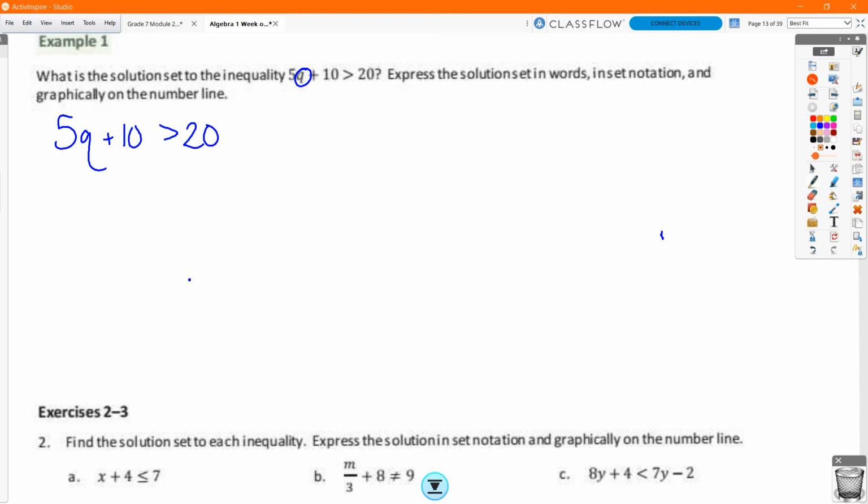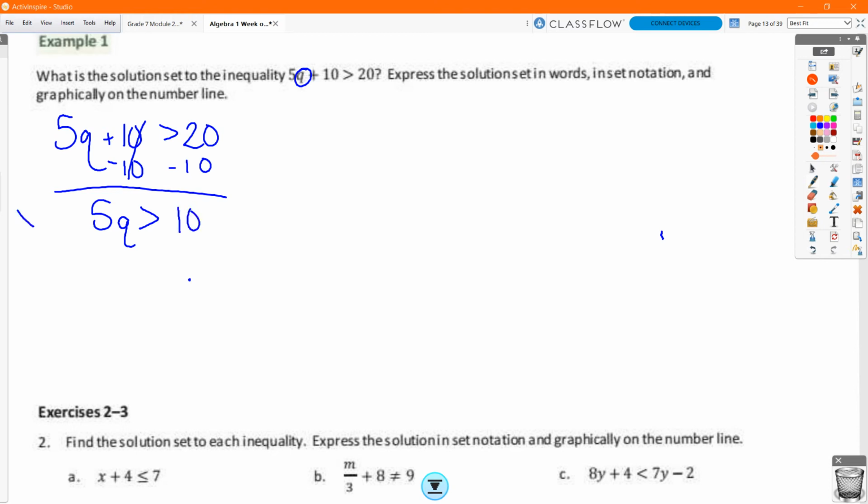I don't want to do anything with the 5 yet, because I really don't want to confuse you, okay? So the first thing I'm going to do is get rid of this positive 10. So I'm going to subtract 10 because the opposite of addition is subtraction. Subtracting 10 from both sides, 10 minus 10 is 0, leaving me just 5q is greater than 20 minus 10, which is going to be 10.